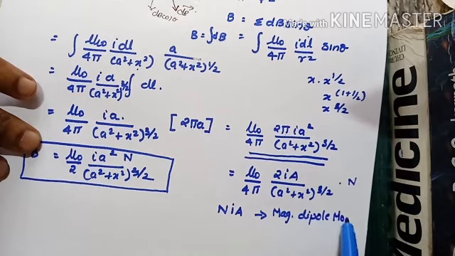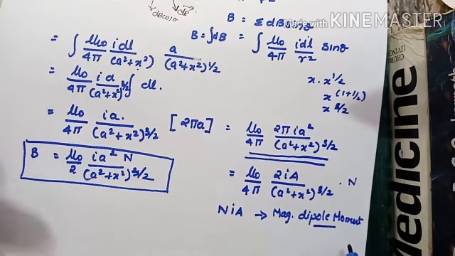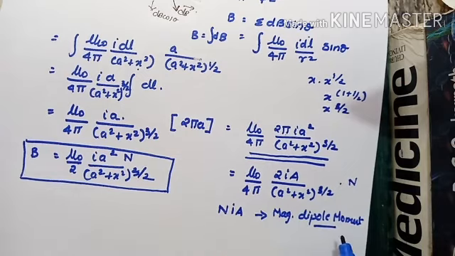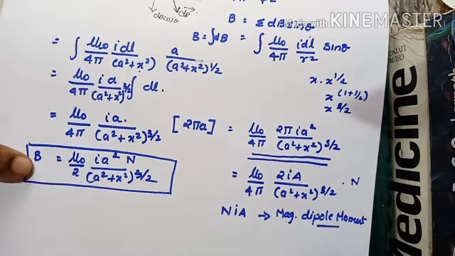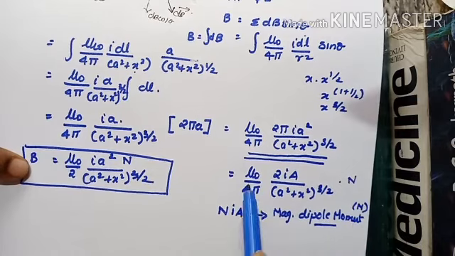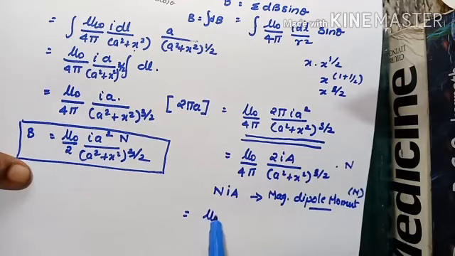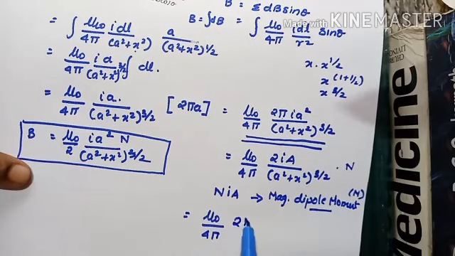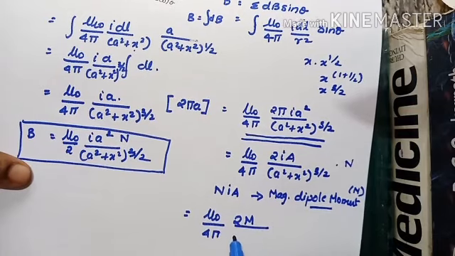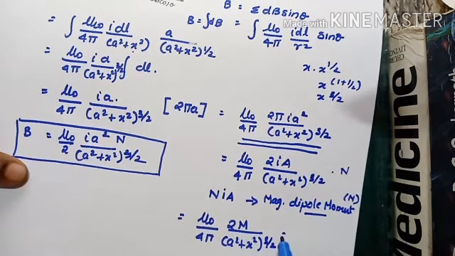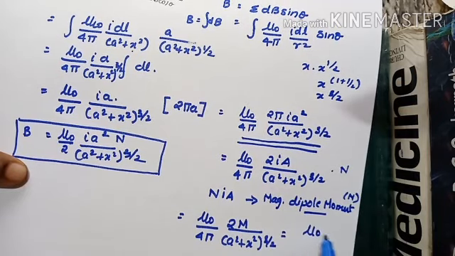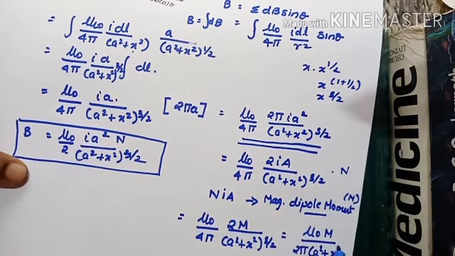You will later on learn what it is, but just know that it is magnetic dipole moment, and it is represented by capital M. So I can write the previous equation, that is magnetic field at a point due to a current carrying loop, can also be written as mu 0 by 4 pi, I A N goes off as 2M divided by a square plus x square raised to 3 by 2, or I can write, 2 cancels, so it becomes mu 0 M by 2 pi, a square plus x square raised to 3 by 2.